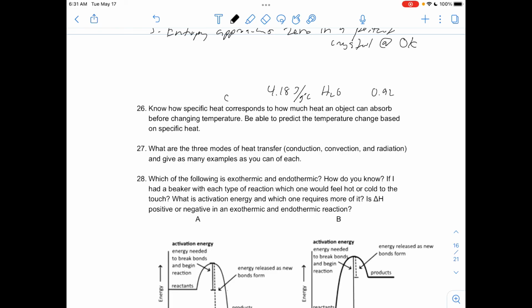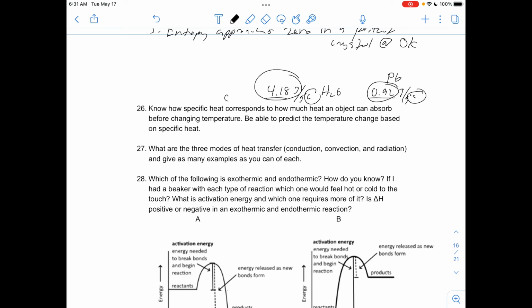I think lead is 0.92 joules per gram degree Celsius. So if we compare those two, this is lead, Pb. Water absorbs this much heat before it changes 1 degree Celsius. Lead absorbs this amount of heat, or joules, before it changes 1 degree Celsius.